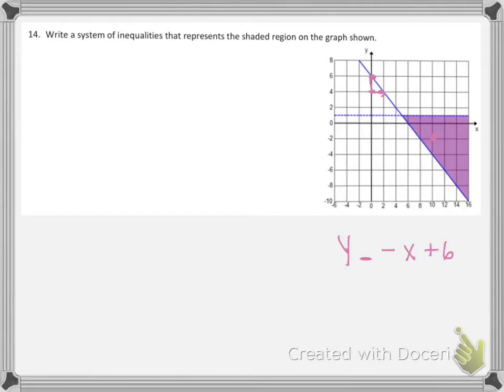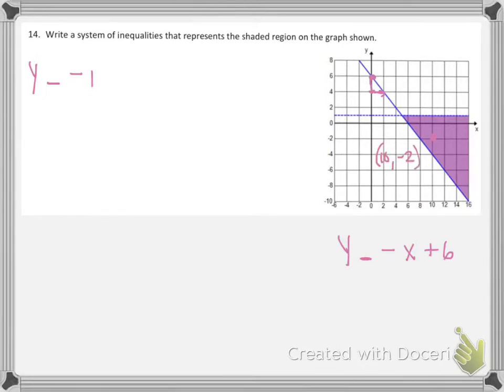So I'm going to use the point 10, negative 2, and I'm going to plug it into what I think my equation is going to be. That's y is something or equal to negative x plus 6, where my x value is 10 and my y value is negative 2.